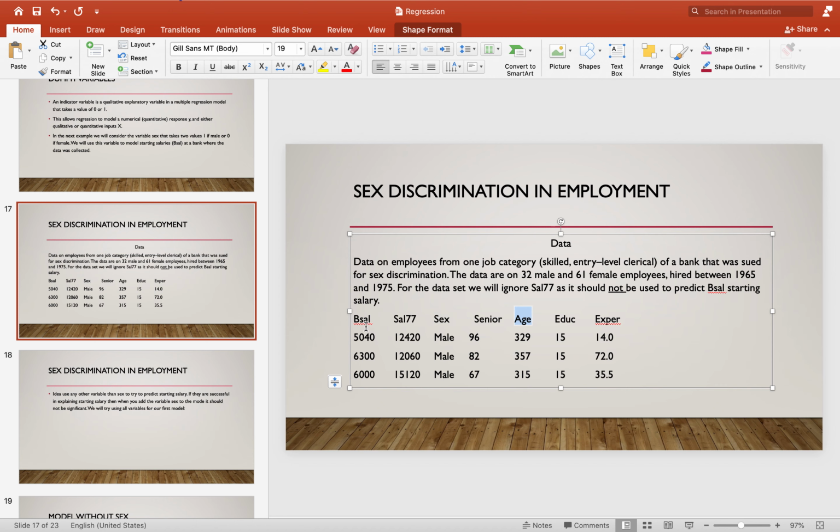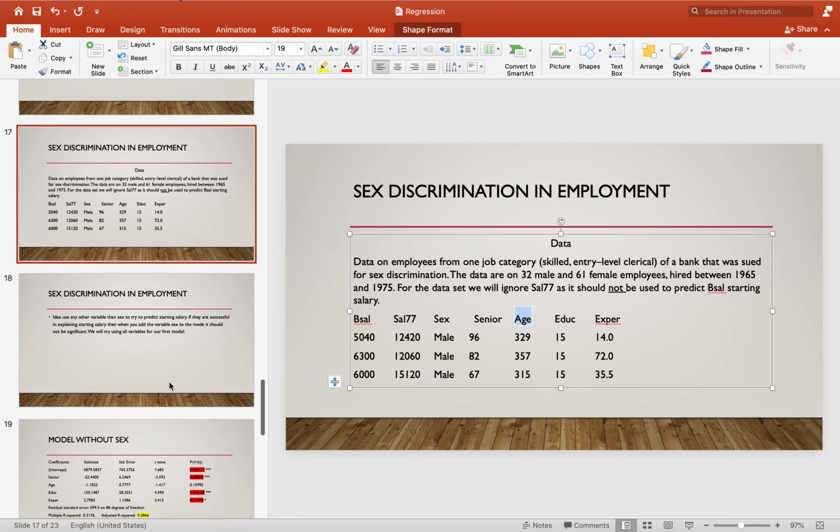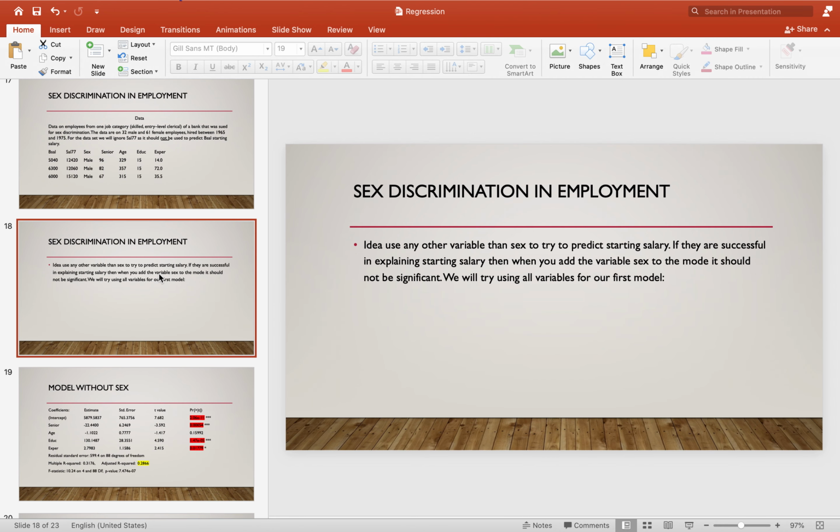So there's all sorts of information that the hard data does not fully answer, and it's worth considering. Okay, so the idea is, can we use any other variables other than sex to try and explain starting salary?